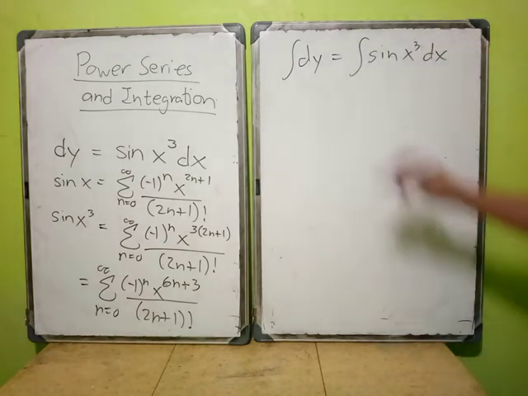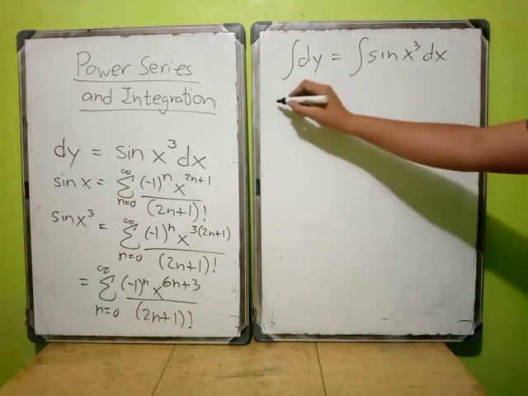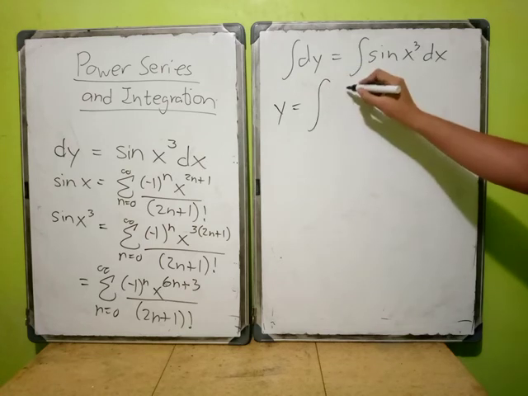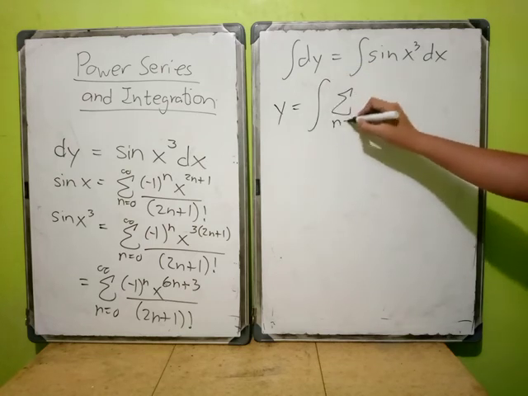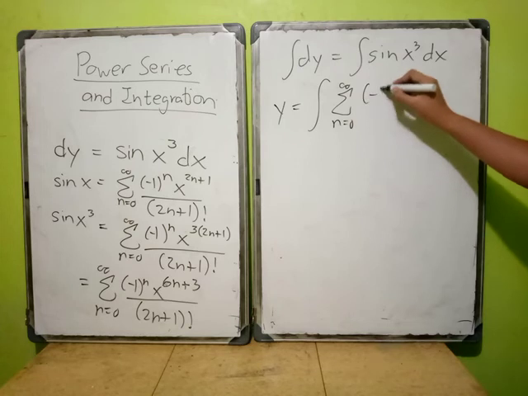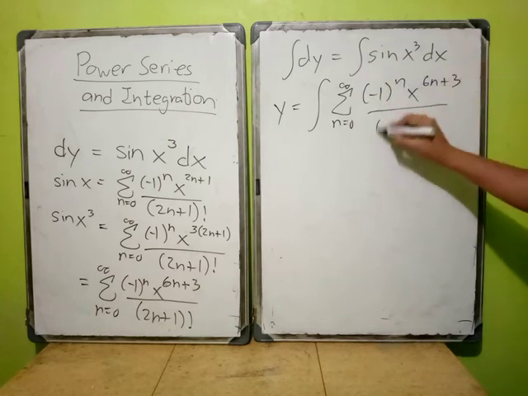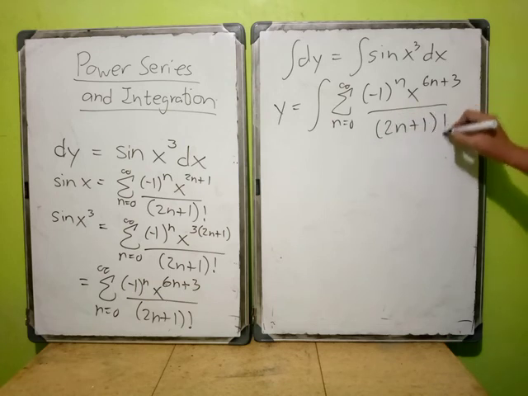So y is equal to the integral of the sum from n equals 0 to infinity of negative 1 to the n, x to the 6n plus 3 over 2n plus 1 factorial.